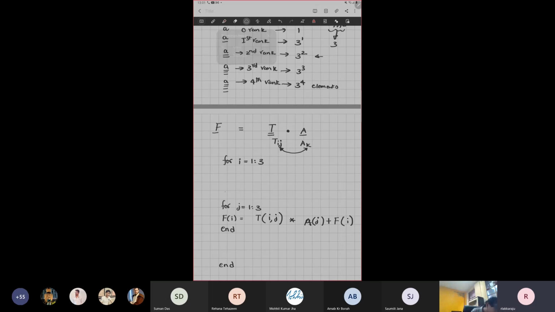Now I bring this one here, and define f of all i's equal to 0 for i equals 1, 2, 3, end. If I do that, I condense the information.